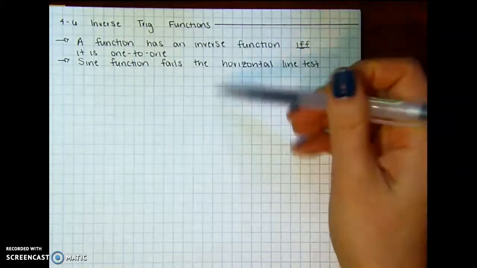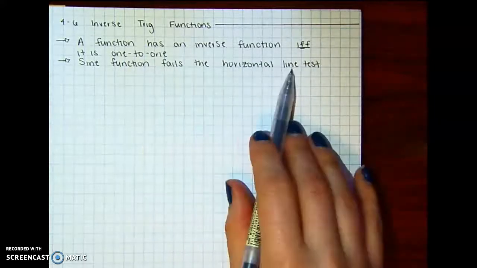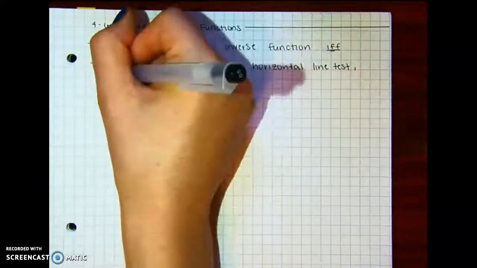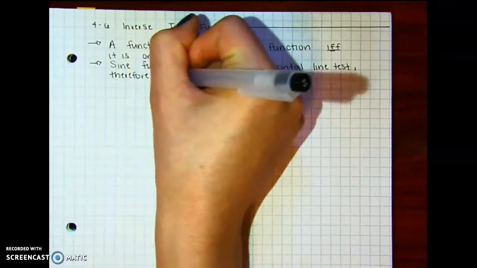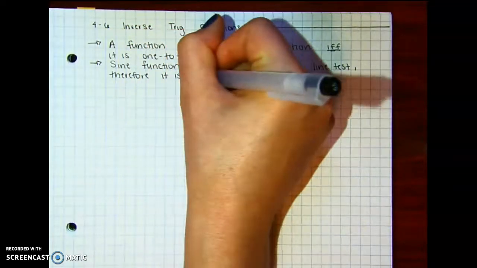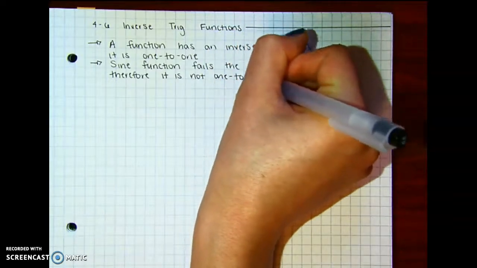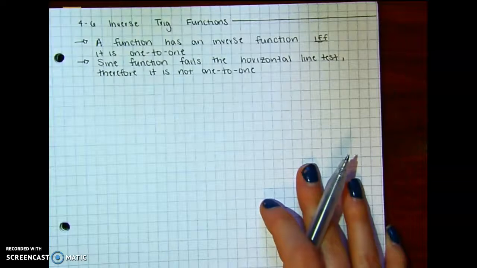So sine passes the vertical line test, which means it is a function, but it fails the horizontal line test, therefore it's not 1-to-1. And I literally just said it only has an inverse if it's 1-to-1.